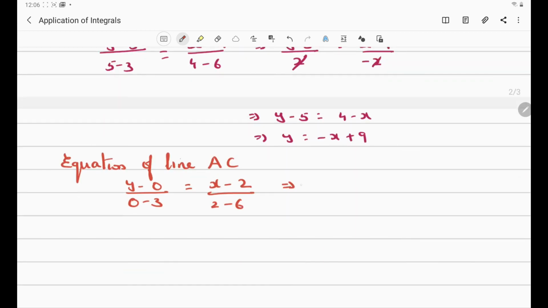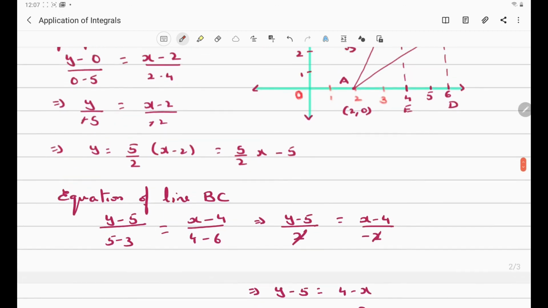This implies y/(-3) = (x - 2)/(-4). So the minus gets cancelled on both sides, and y = 3/4 (x - 2), or y = 3/4 x - 3/2. So this becomes the equation of the line AC.